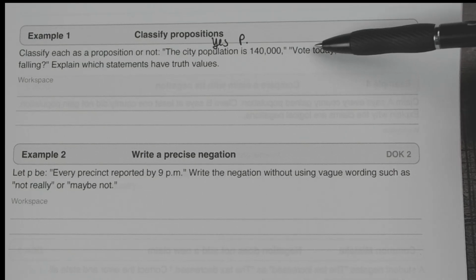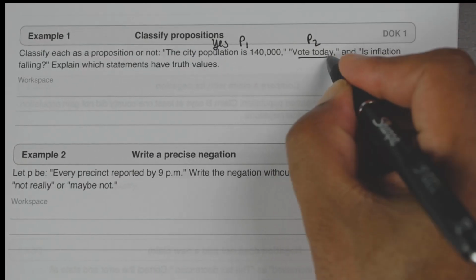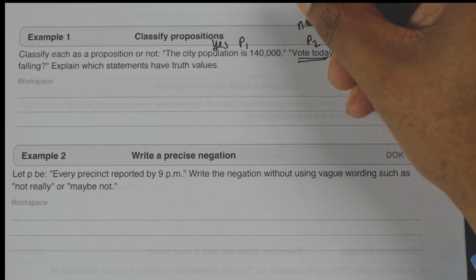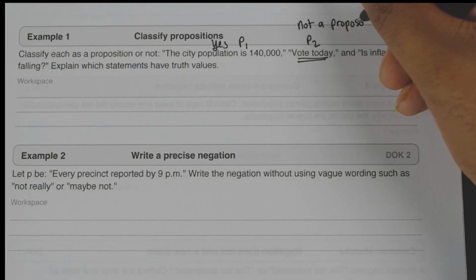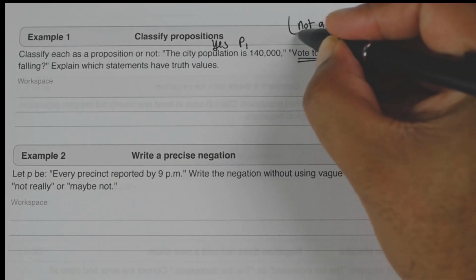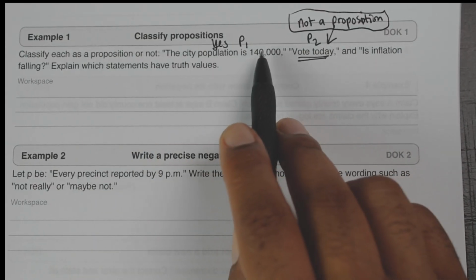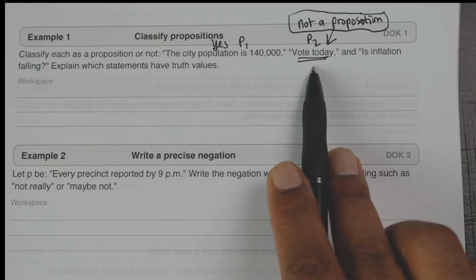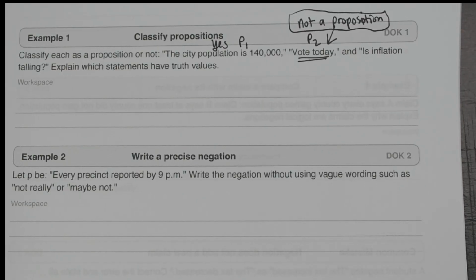Now, let's consider the next one. Okay, so this is premise number one. Premise number two: vote today. Is that a proposition? No. I'm just using this as a placeholder here because this is like the second part of the sentence. But this is a proposition, and vote today is not a proposition. Just understand that vote today is not a proposition because it does not have a value system.